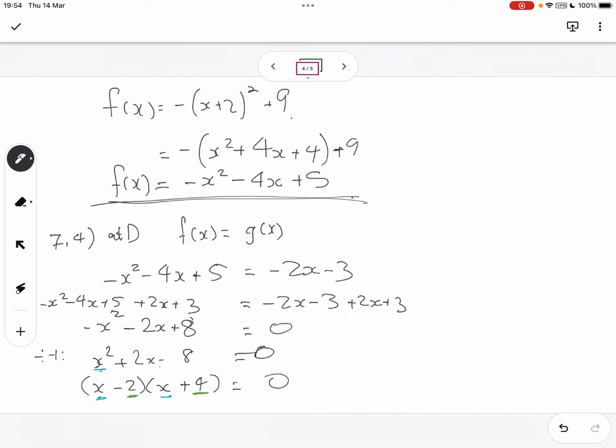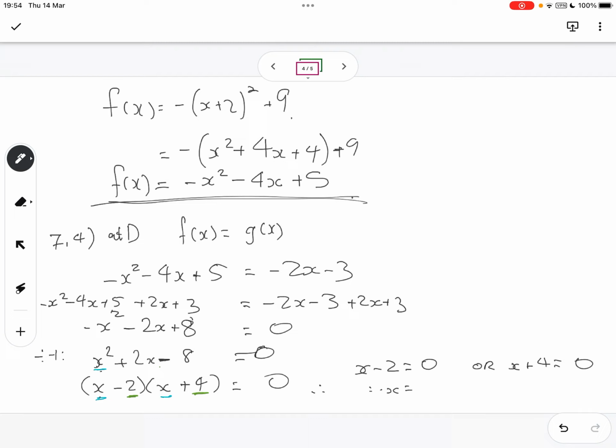So let's check. x times x is x squared. x times 4 is 4x plus -2 times x, so it's going to be 4x minus 2x, and then I get plus 2x. And then I take -2 and multiply by plus 4.